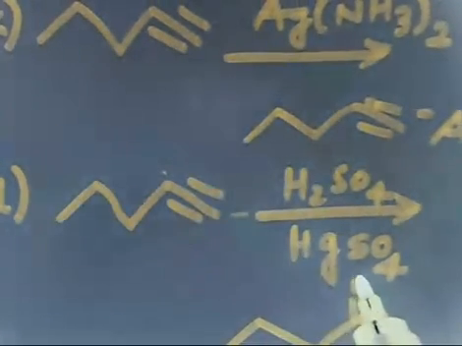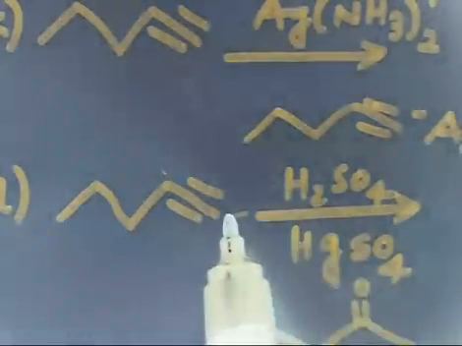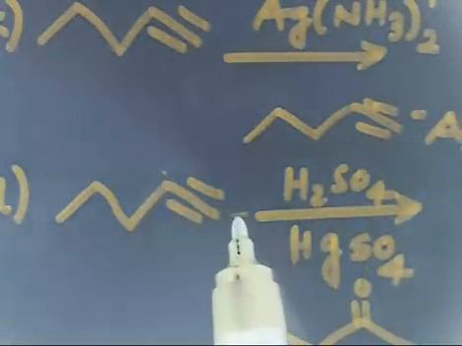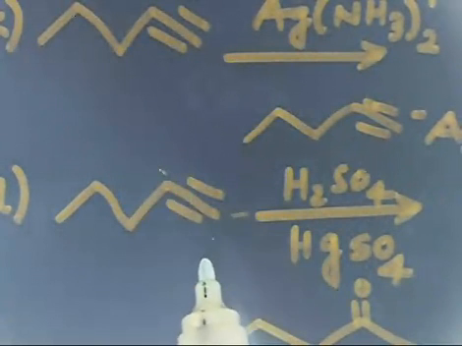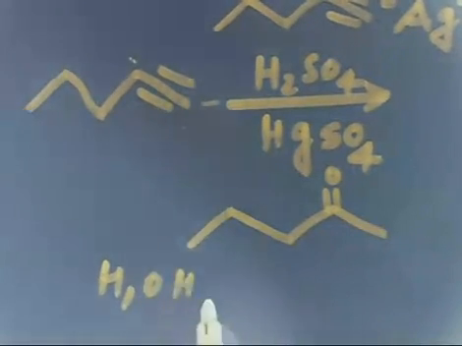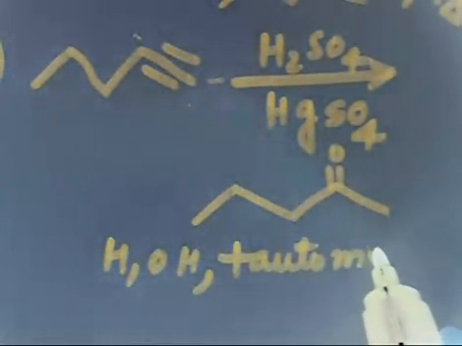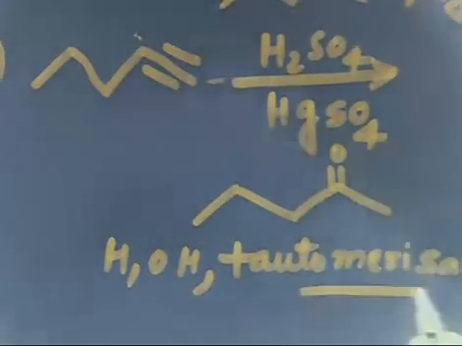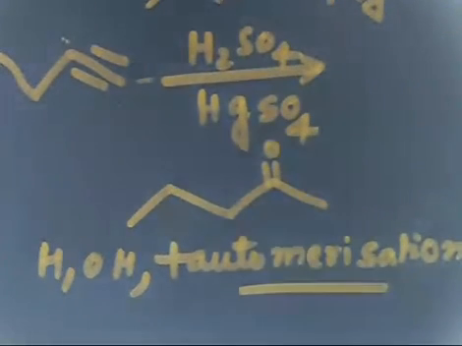Here you will have double bond O, and here you will have CH3. So addition of H, OH, and then you have tautomerization. Are you getting? In this case you will get a ketone.